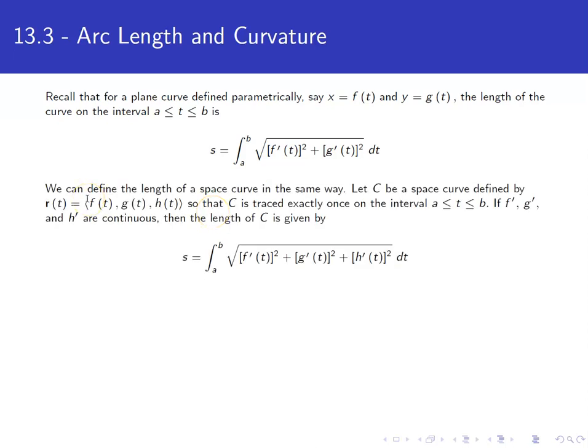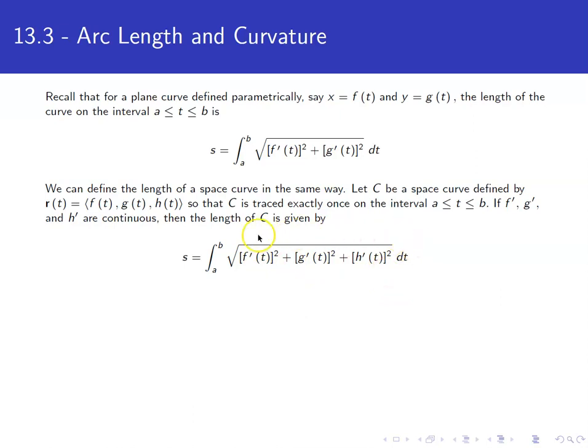We can define the length of a space curve in exactly the same way. Again, we want to make sure that the curve is traced out exactly once on the interval from a to b, but provided that f prime, g prime, and h prime are all continuous functions, we can calculate the arc length by taking the square root of the sum of the squares of the derivatives, and then integrating it.